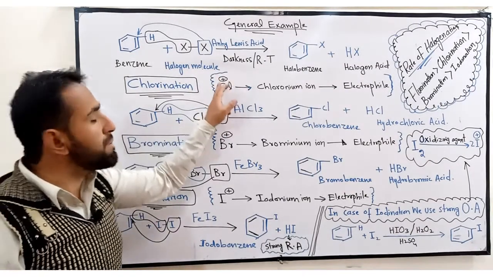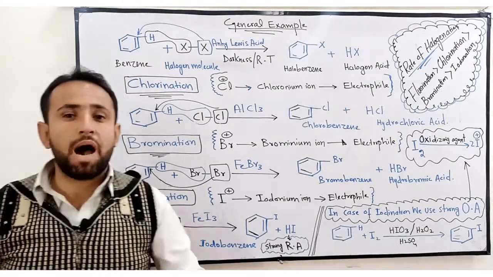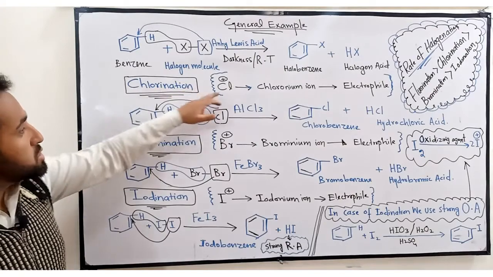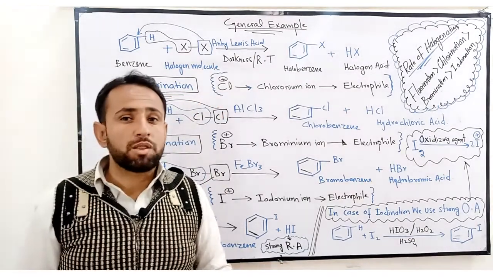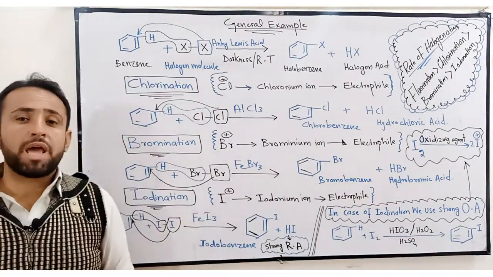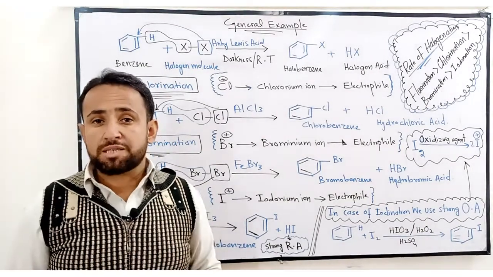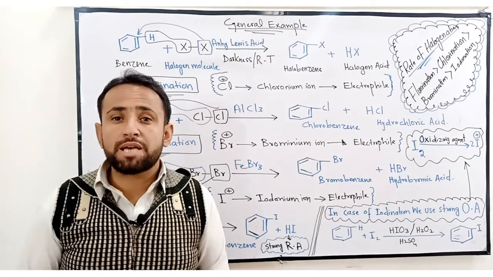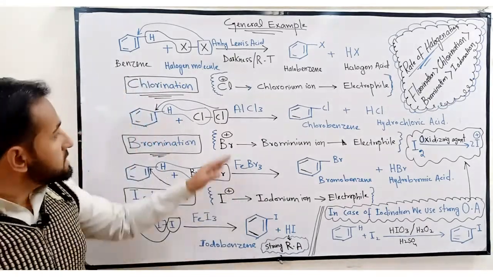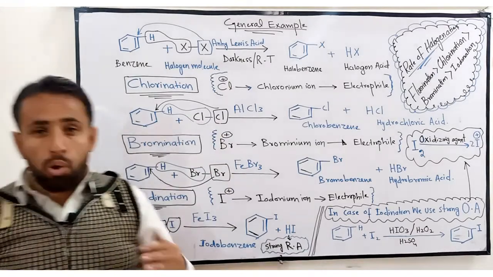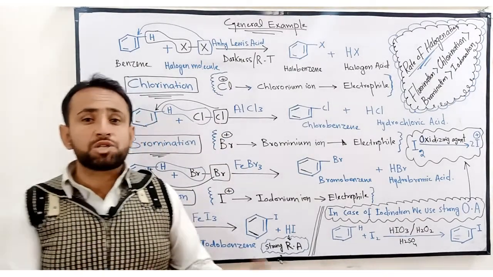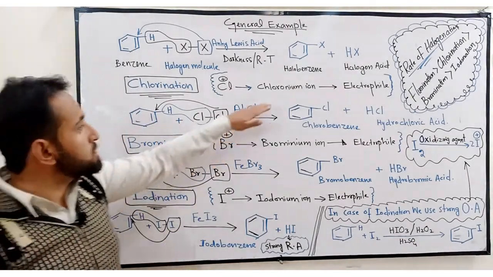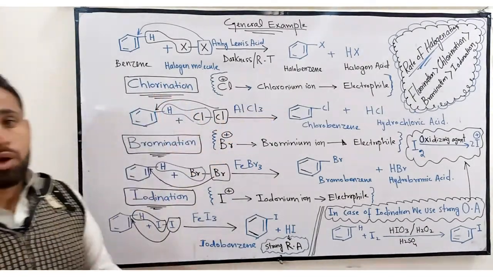Cl+, the chloronium ion, is the electrophile during chlorination. Whenever a positive charge comes on a halogen, it is known as halonium. As the halogen here is chlorine with a positive charge, it is known as the chloronium ion, which is the electrophile in chlorination.